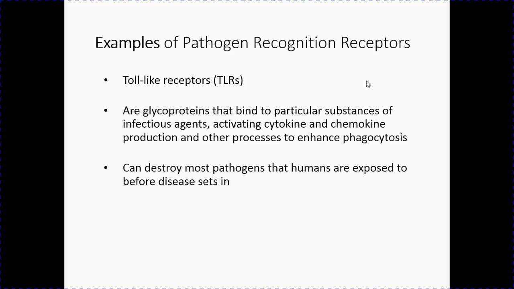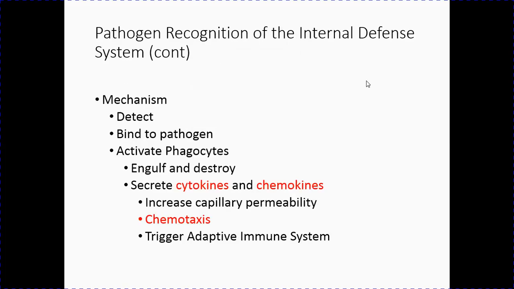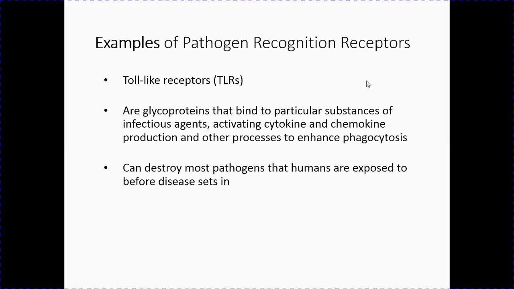What are toll-like receptors? They're glycoproteins that bind to those PAMPs, those substances of infectious agents that we talked about. So toll-like receptors are just a kind of pathogen recognition receptor. We know what they do. We just saw what they did. They activate phagocytosis. They release cytokines, etc., right?